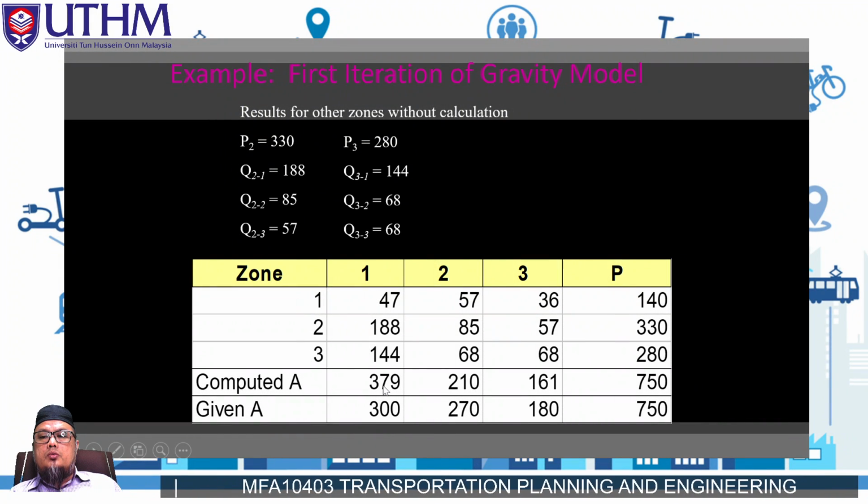So there are some differing values if you compare them, but the total is still the same. So how am I going to solve this problem? You have to do the next iteration.